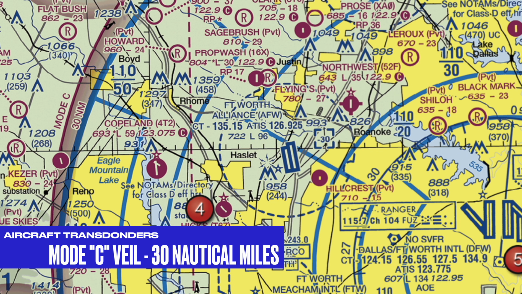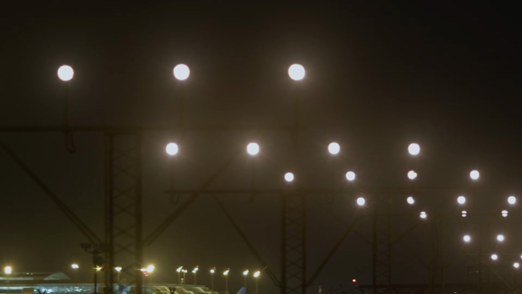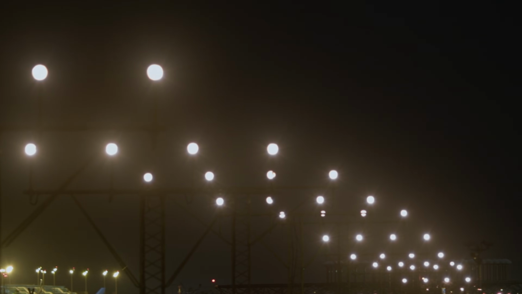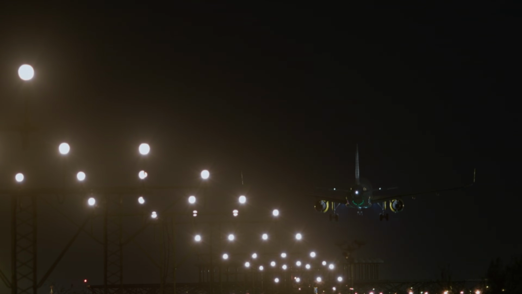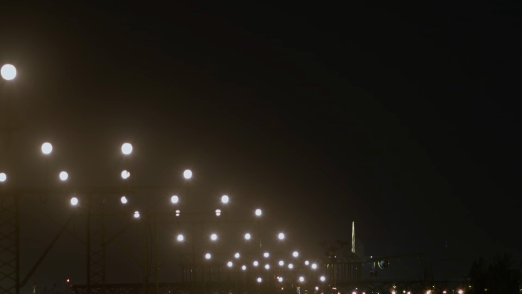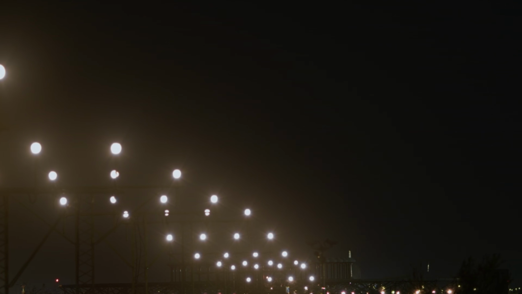Basically, what this Mode C transponder does is that it makes all aircraft within the vicinity of a Class B airport become visible to radar. Now that is the most important thing that I have heard so far since I've been doing this.